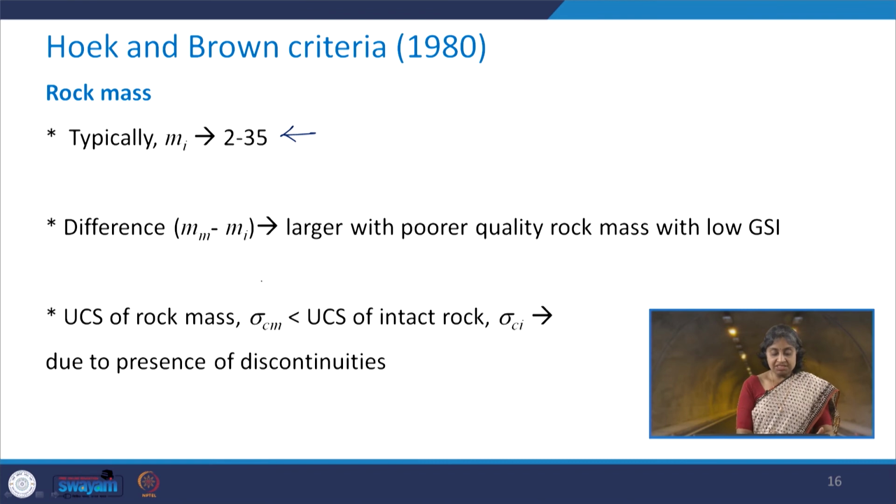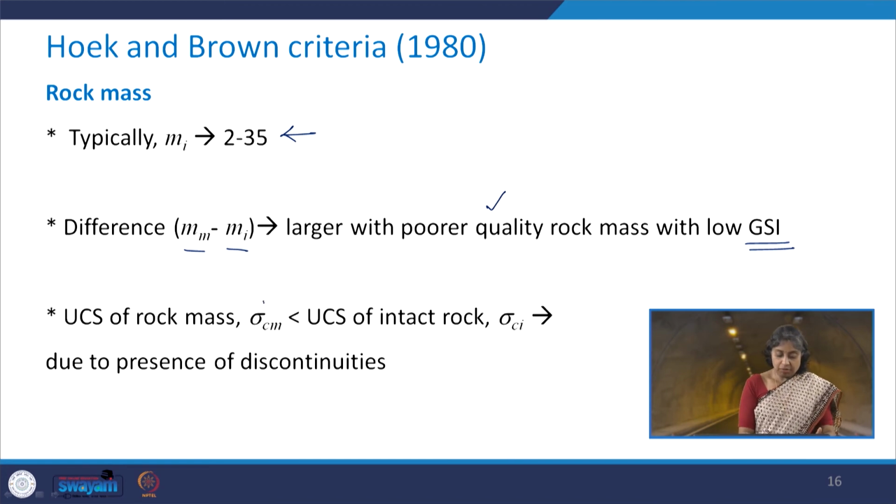The difference between the parameter m for the rock mass and the intact rock, that is m minus mi, will be larger for a poorer quality rock mass having a low value of geological strength index, or GSI.